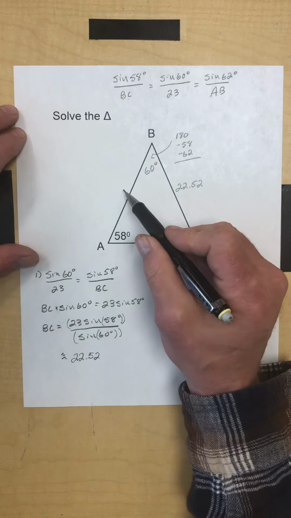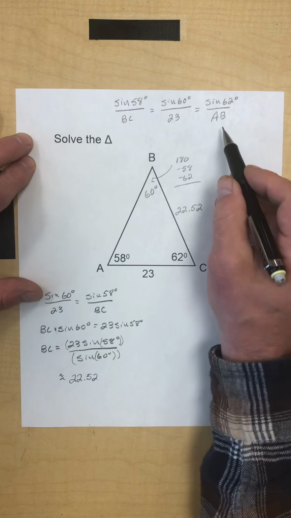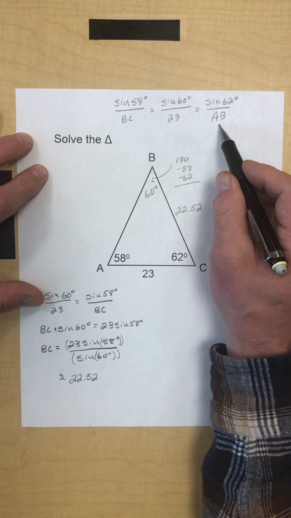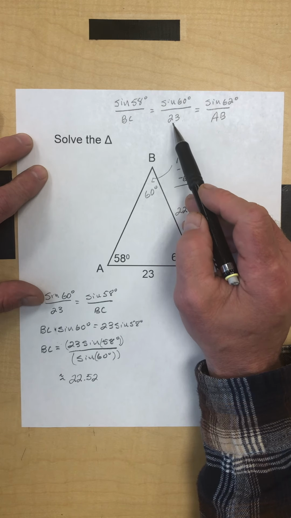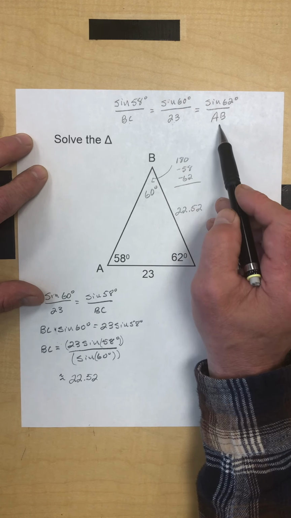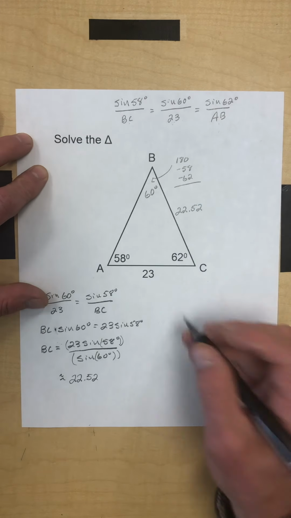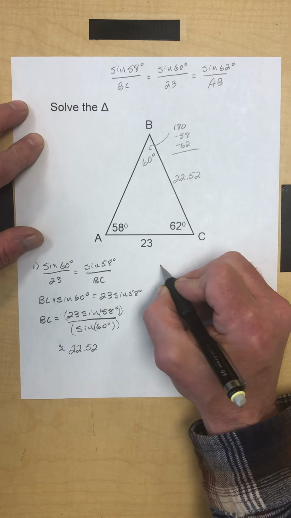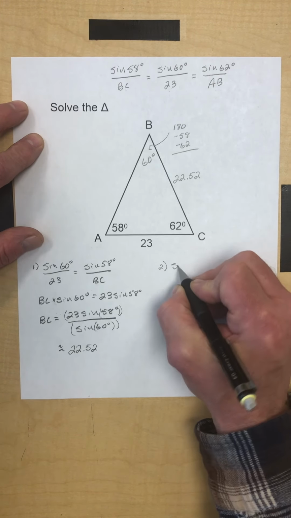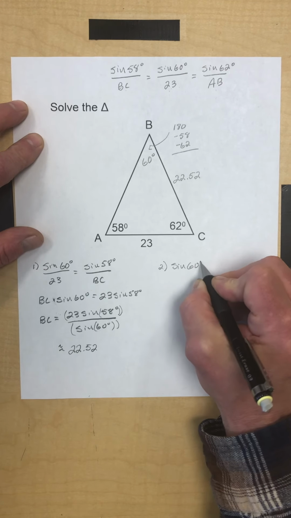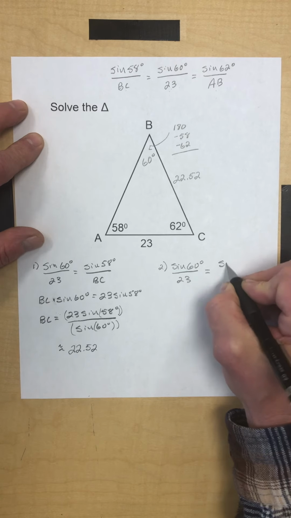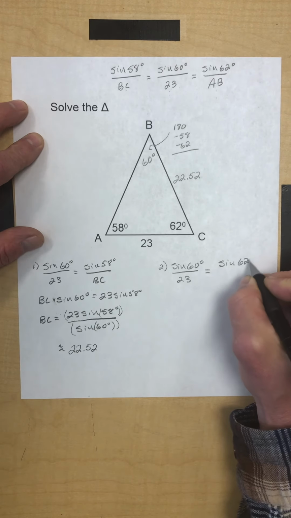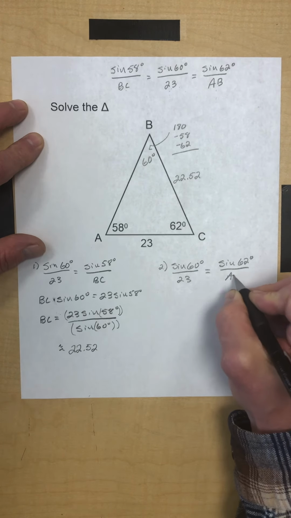Okay, so now I have to find AB up here in this ratio. Again, I know everything in this ratio. That's my cornerstone. So if I set that ratio equal to this ratio, I can solve for AB. So in our second one, we get the sine of 60 over 23 equals the sine of 62 over AB.